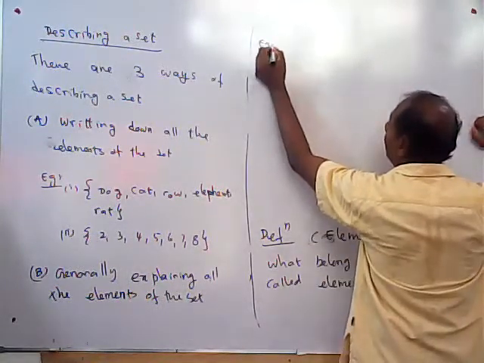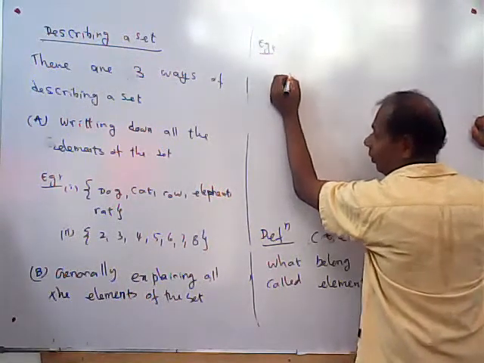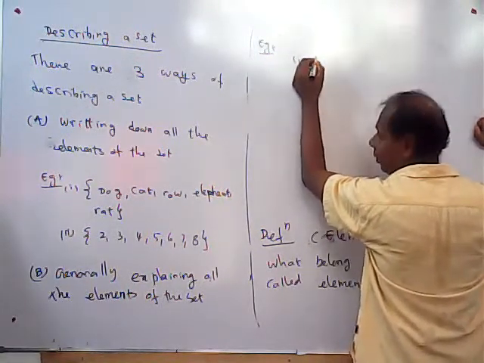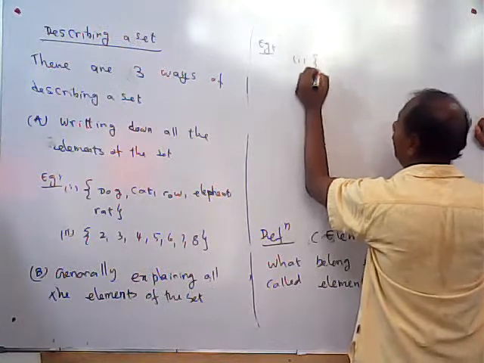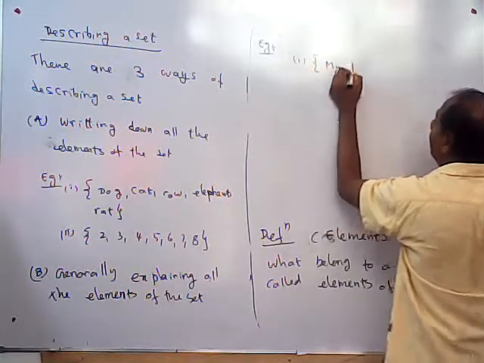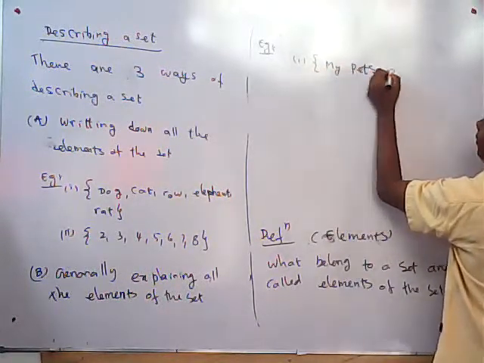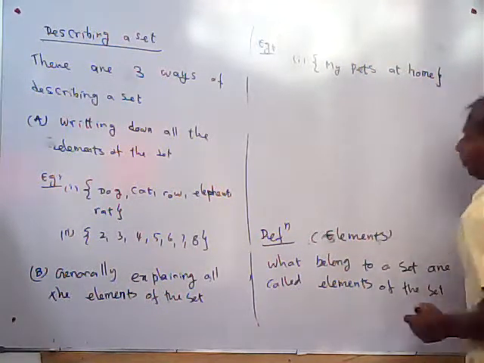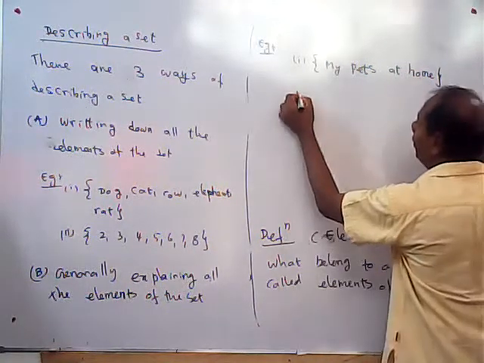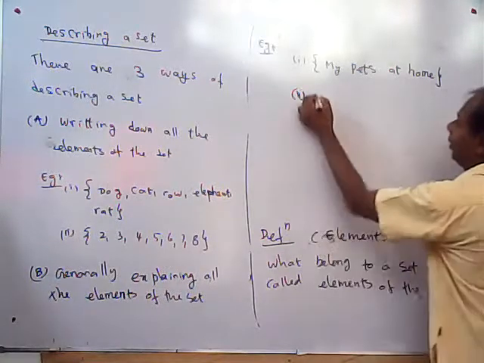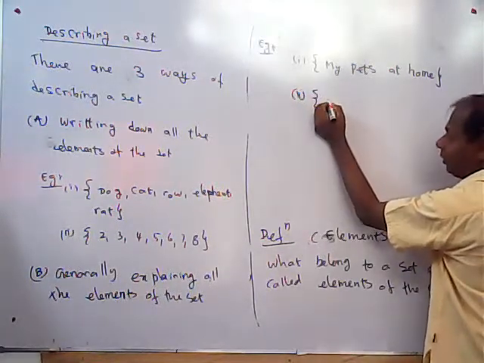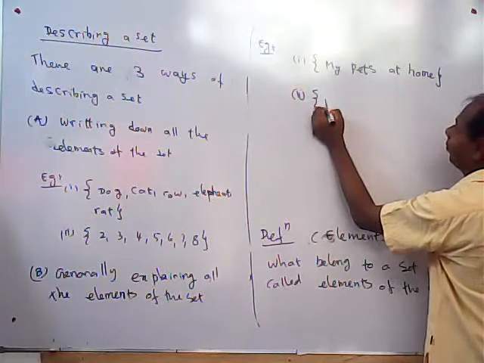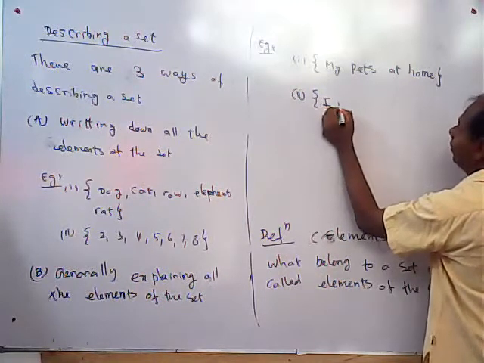Example, the number 1, you say, my pet at home. Number 2, say, positive integers, or just say integers.